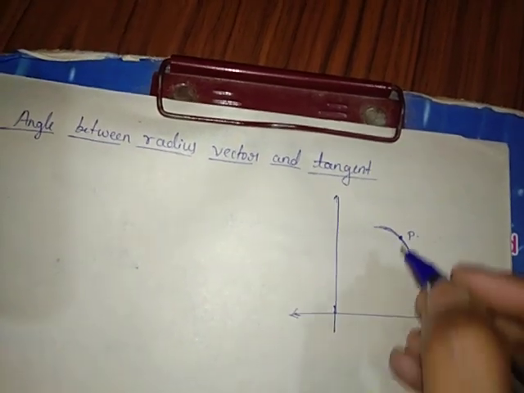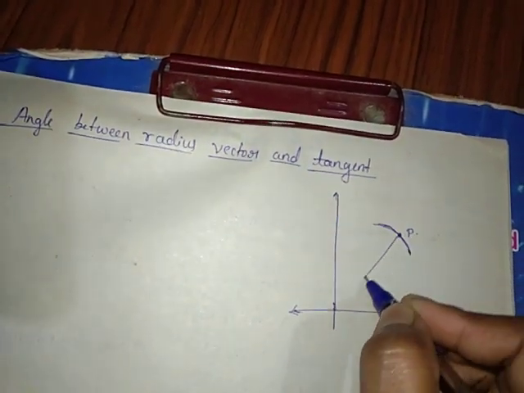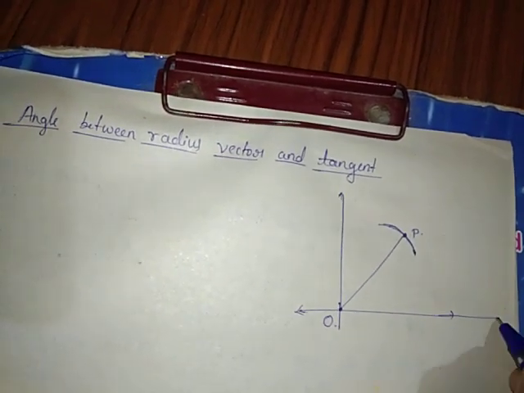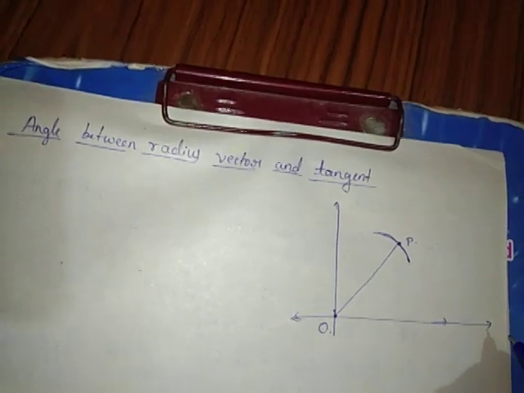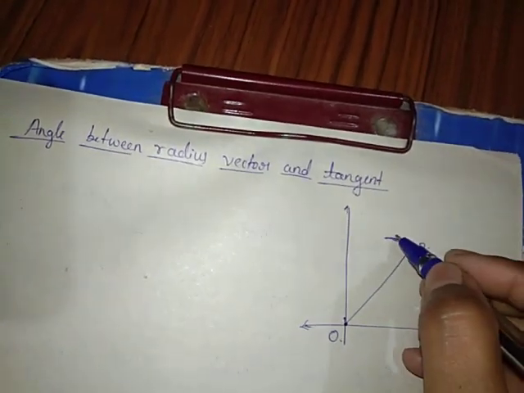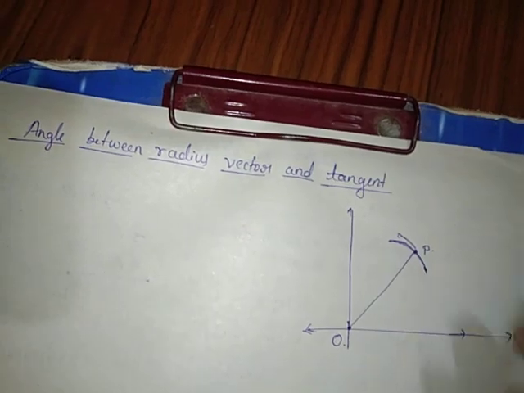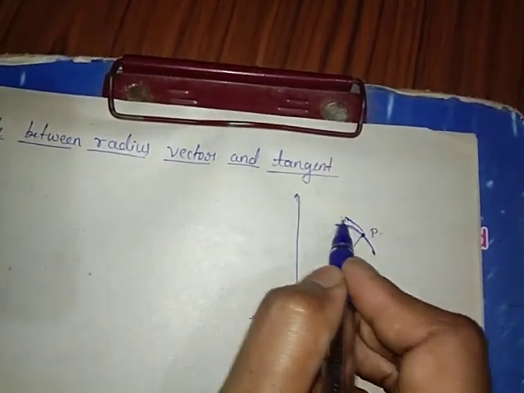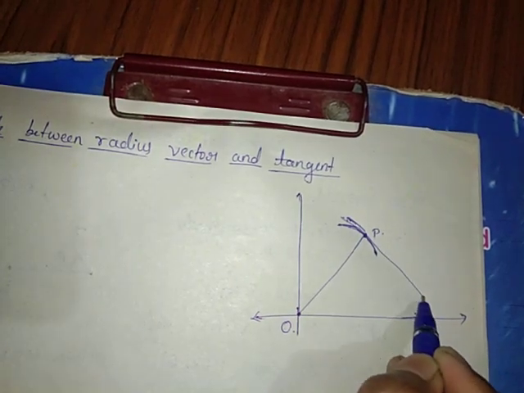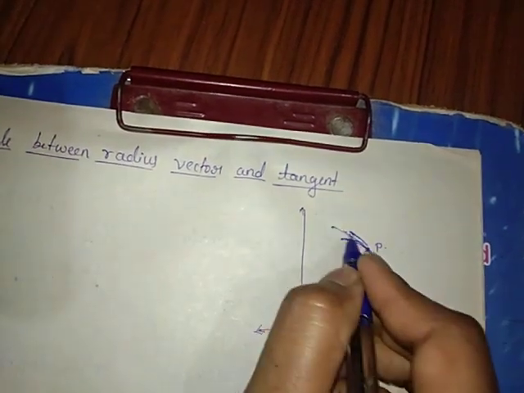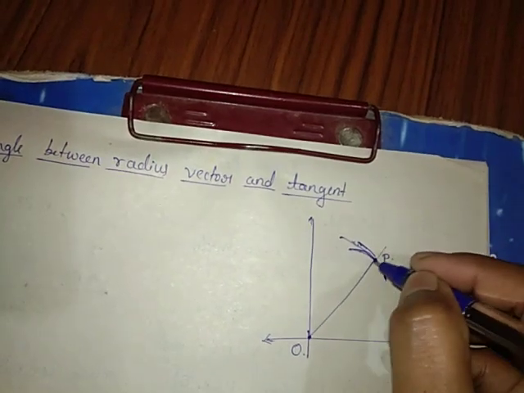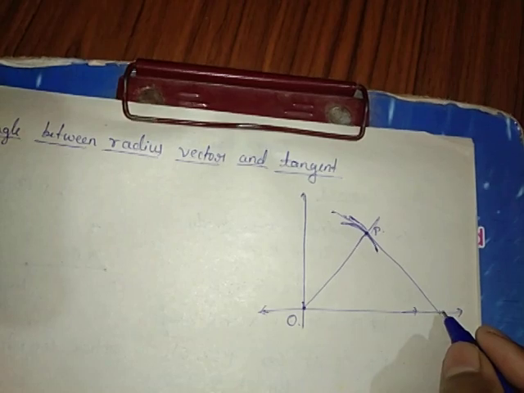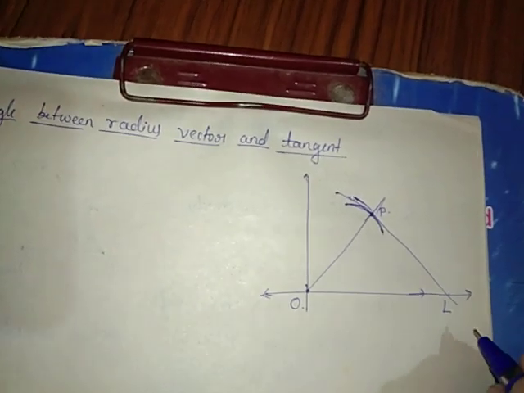Join the point P to the origin O, and draw a tangent to the curve, which meets the x-axis at a point called L.